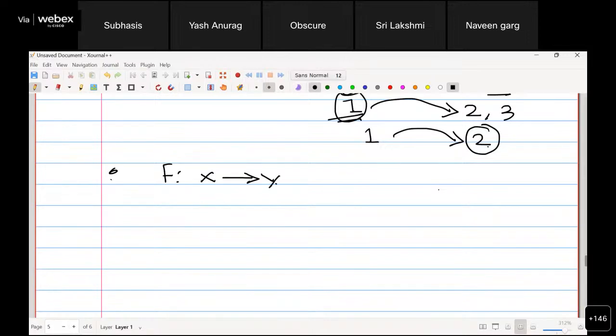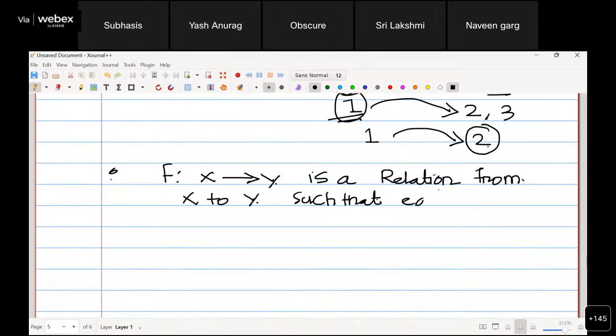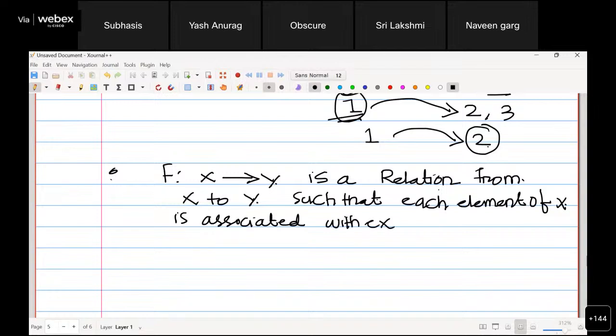So x is a set and the function is basically a relation from x to y, such that each element of x is associated with exactly one element, that is really important, exactly one element of y.